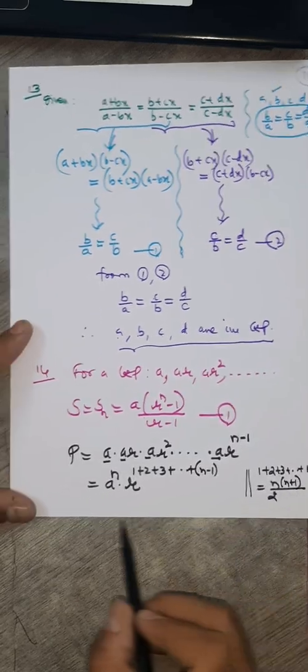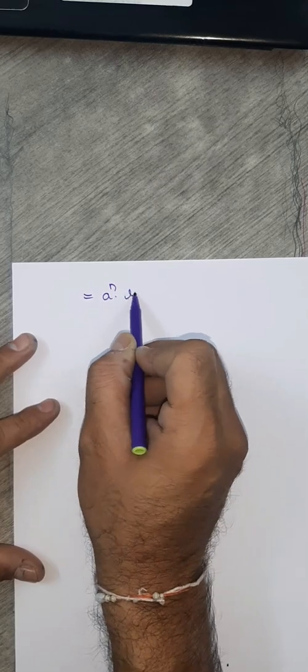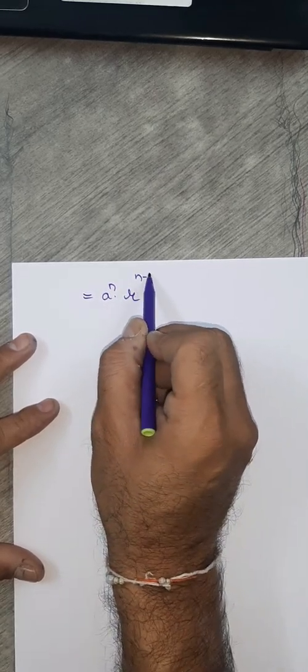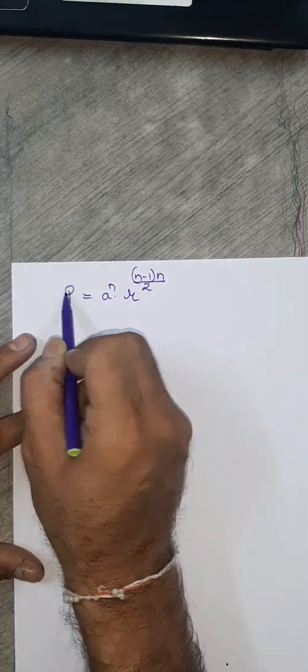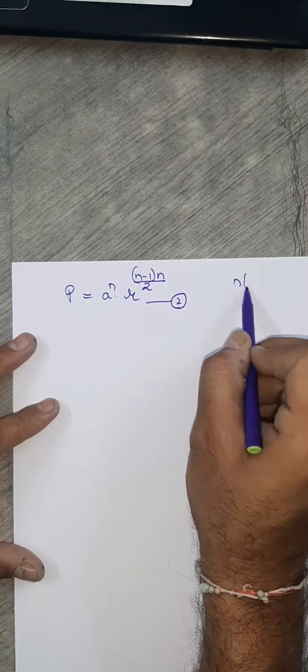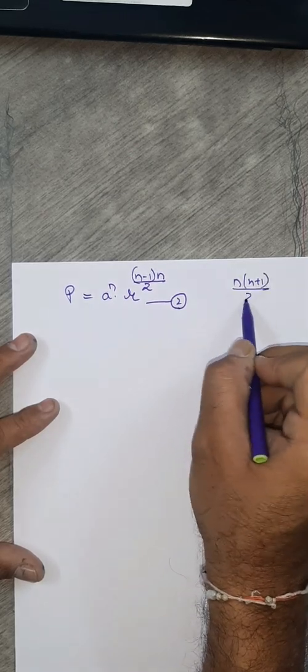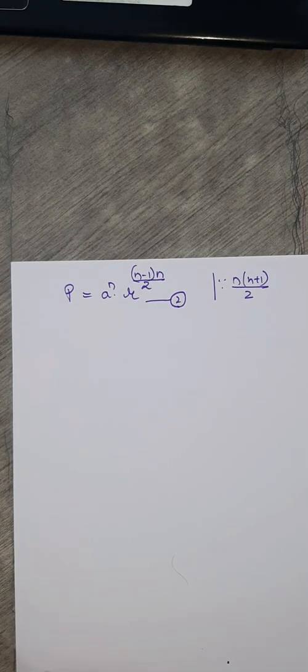Last number plus 1 by 2. So from this, we get a raised to n into r raised to, the last number is n minus 1 plus 1, which is n by 2. This is P. Let me call this 2. Right? You have used this formula n into (n plus 1) by 2 as I explained on the previous page. Okay, so the product of n terms, we have this.